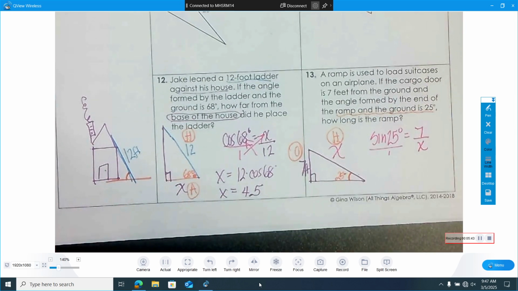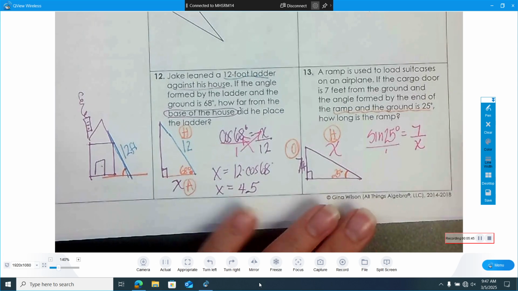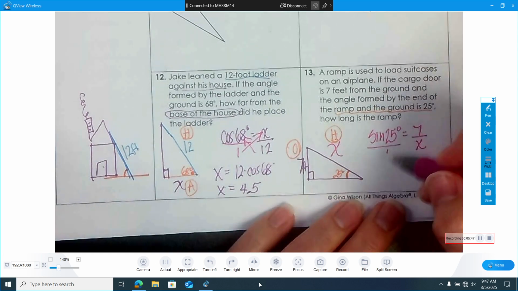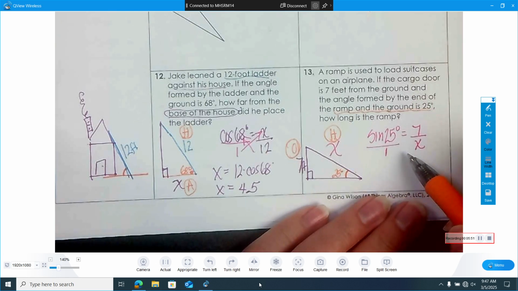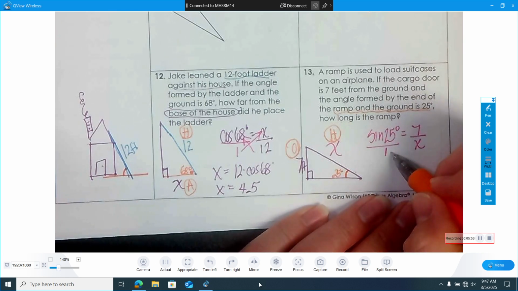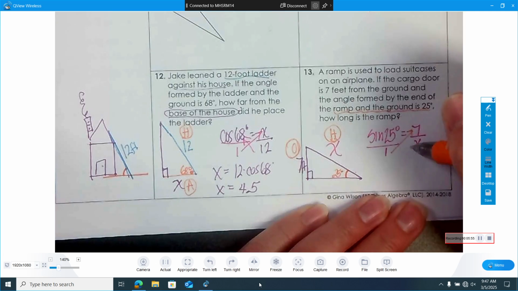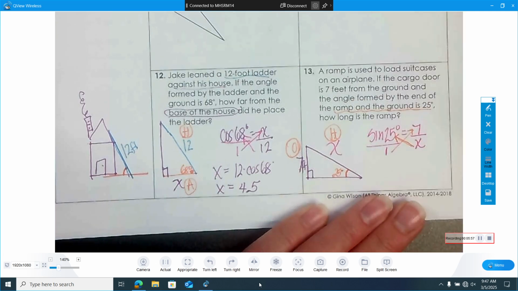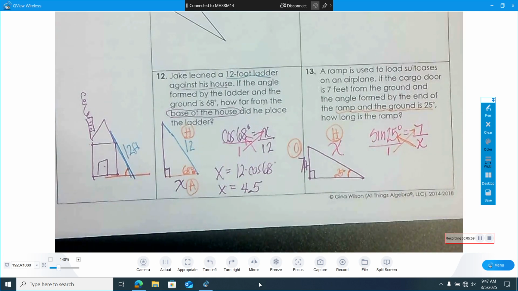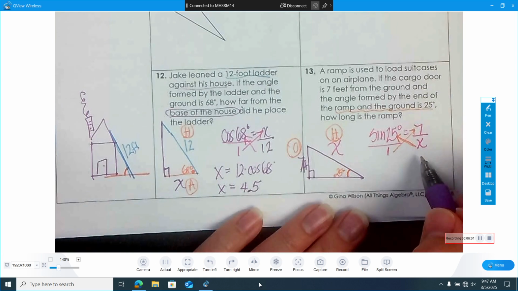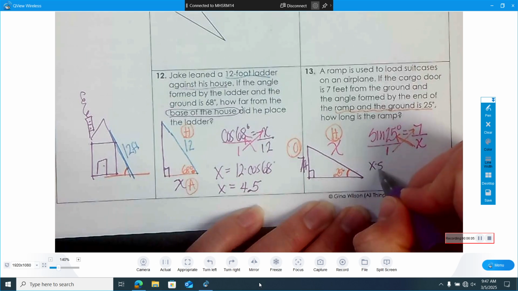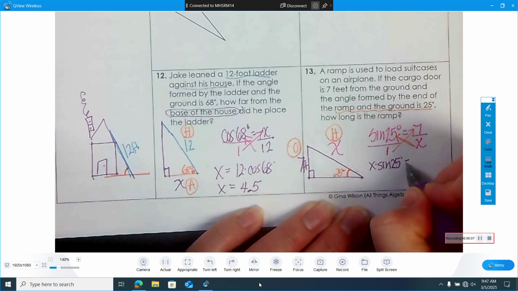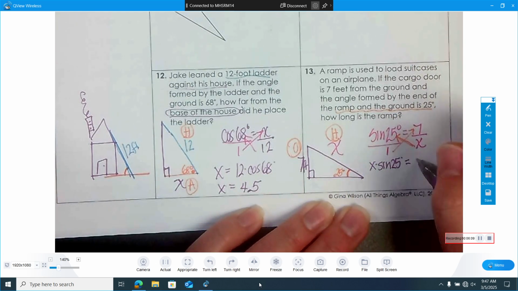How do we solve? Put a 1 under it. And then how do you solve? Cross, not sin, it's not a sin, it's sine. You missed that lecture yesterday. All right, we are going to cross multiply. X times the sine of 25 is x times the sine of 25 degrees. And 1 times 7 is 7.